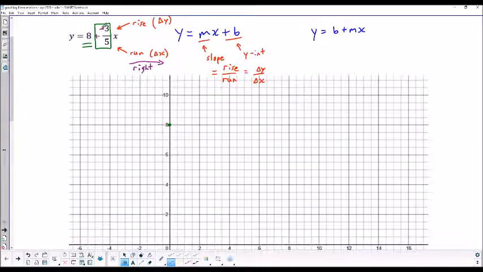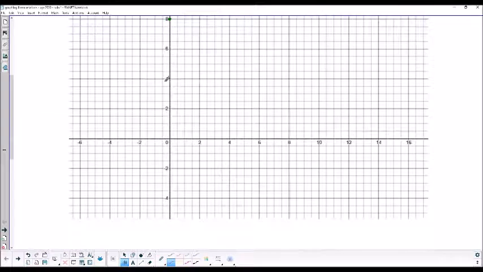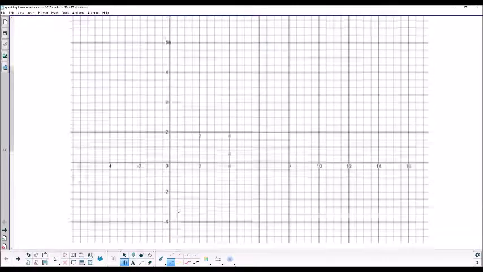So that negative is now in the rise, that's in the delta y. And that tells me now that, if we are familiar with the values along the y-axis, any values above the x-axis are positive, and any values in y below the x-axis are negative.